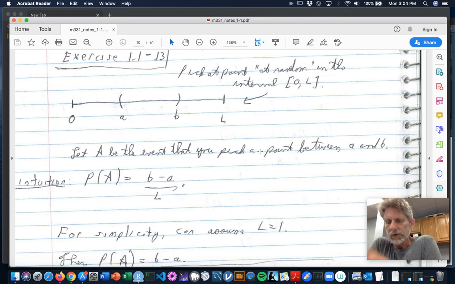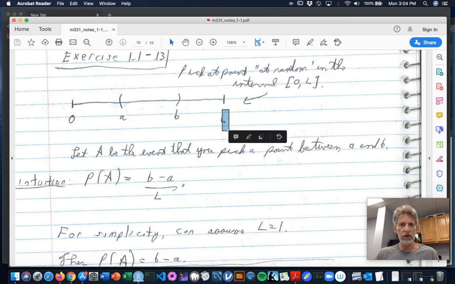To set this up, you're supposed to use your intuition. I need to intuitively figure out what some probabilities are for events in this kind of situation. So my event is I'm randomly picking a point on this line segment, which I'll think of as going from 0 to L, for the length of the segment, on the real number line.